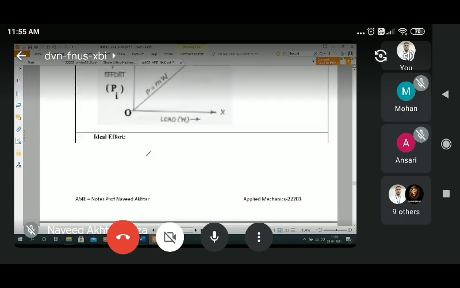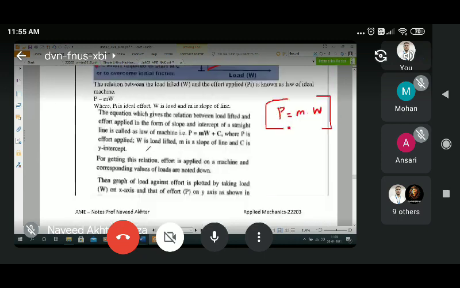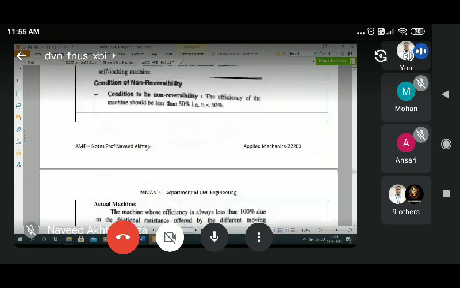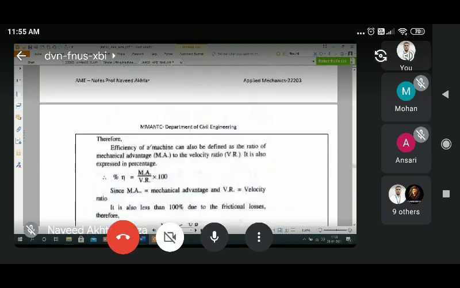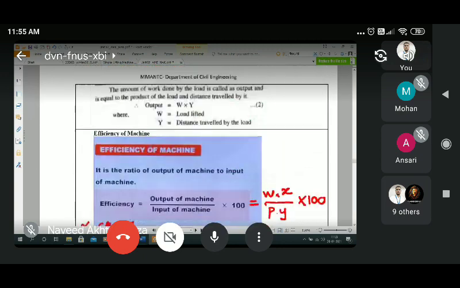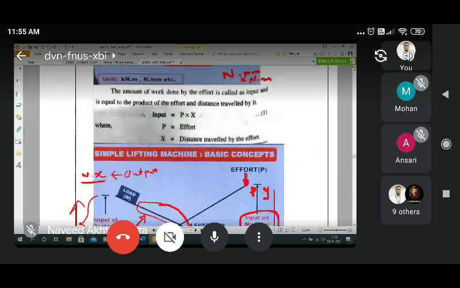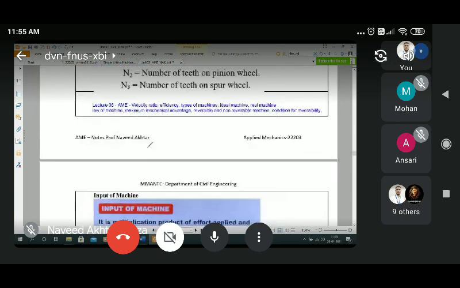तो आज जो हम लोग ने पढ़ा हमारे लेक्चर नंबर 8 में, सबसे पहले वेलोसिटी रेशो, और उसके बाद इनपुट ऑफ द मशीन, output of the machine. Then we have seen the types of machine, the ideal machine and real machine. We have seen the law of the machine.